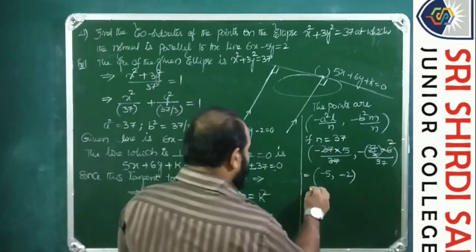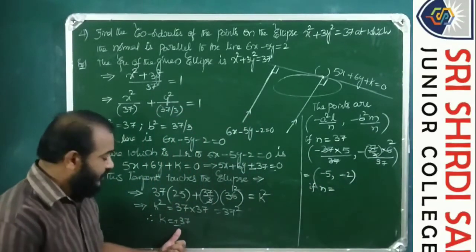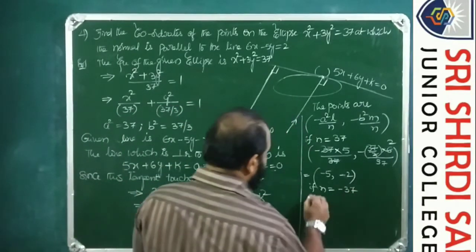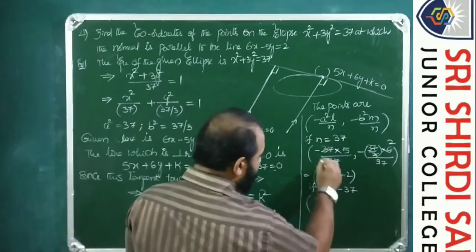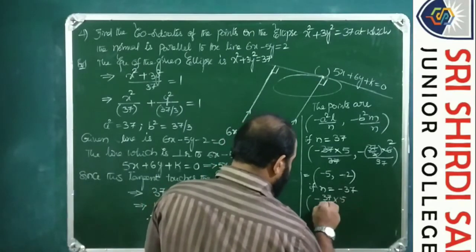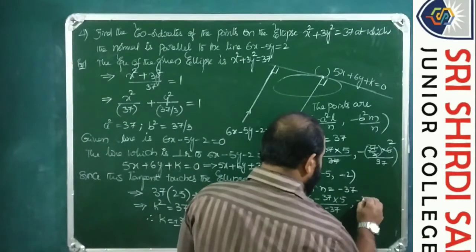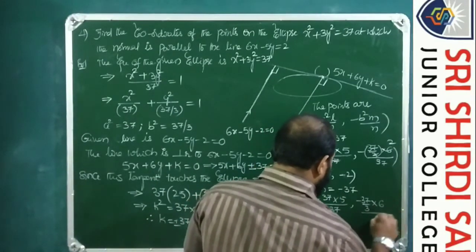And if n is equals to, the second case also we have to take into consideration, which is minus 37. So minus 37 and substitute here. So minus 37 into 5 by minus 37. So minus 37 by 3 into 6 by minus 37.